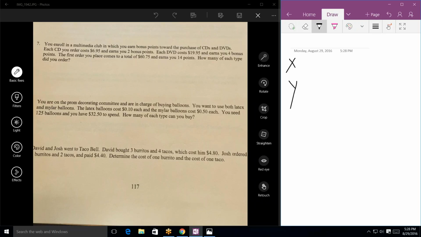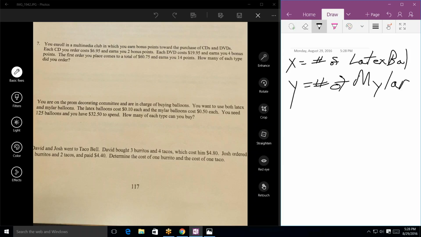Okay. So x would be equal to the number of latex balloons you can buy, and then y would be equal to the number of mylar balloons you can buy. And once you do these for a while, you realize the only thing that's really important is that thing right there.